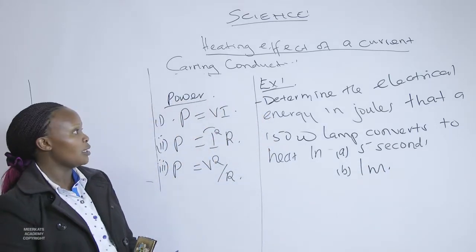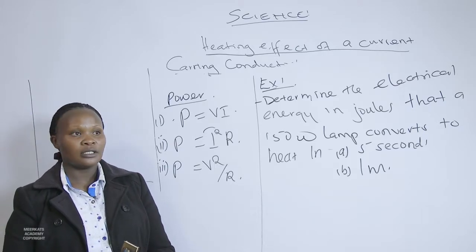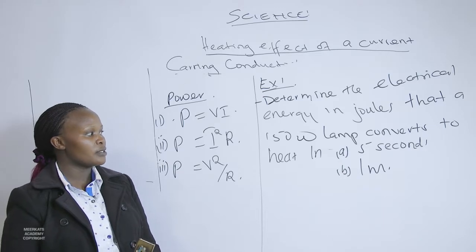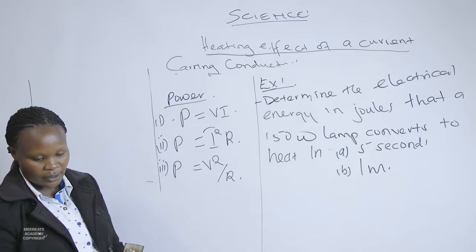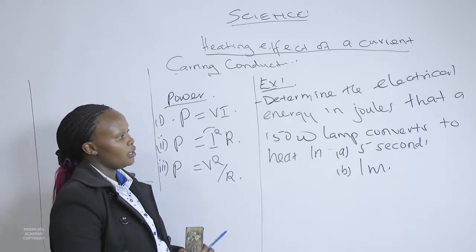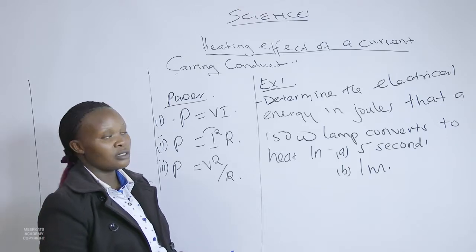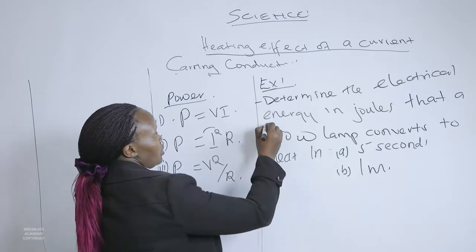Now, the question reads, determine the electrical energy in joules that a 150 watts lamp converts to heat in part A, 5 seconds, and part B is 1 minute. Now, the question is on energy.